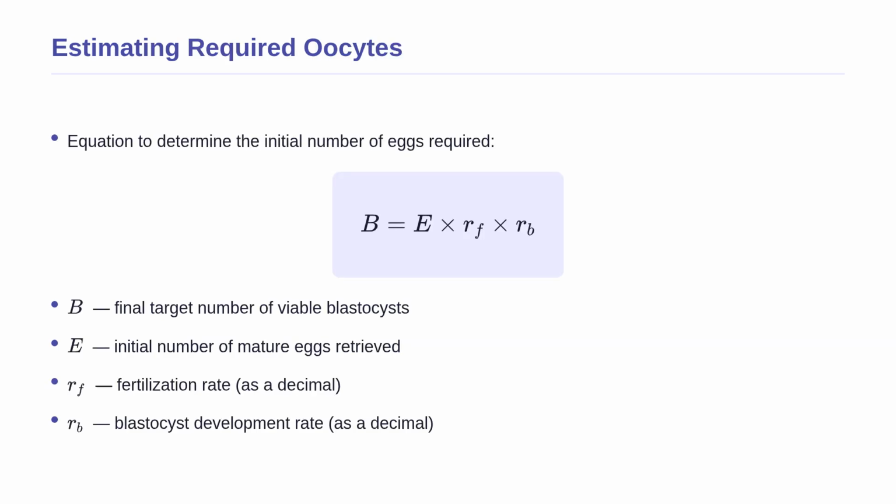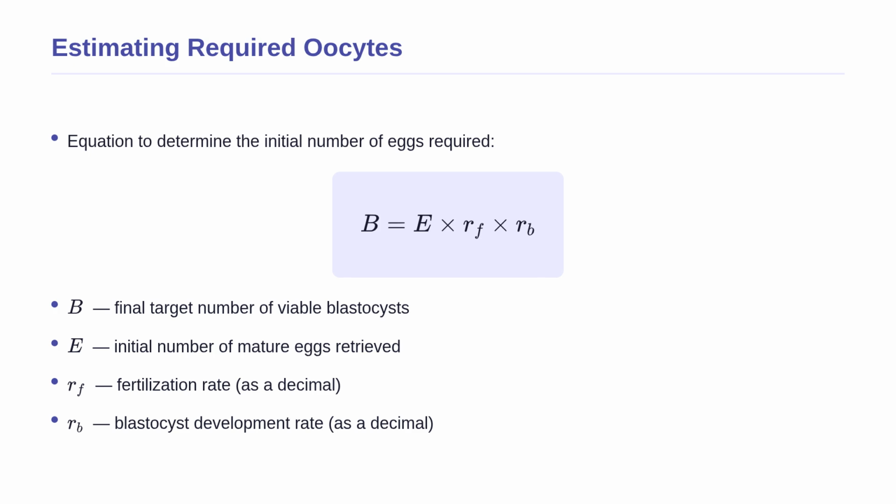To calculate this starting point, clinics use a straightforward algebraic equation. The formula is B equals E times RF times RB. Let us define these variables. B represents the final target number of viable blastocysts the doctor wants to guarantee.